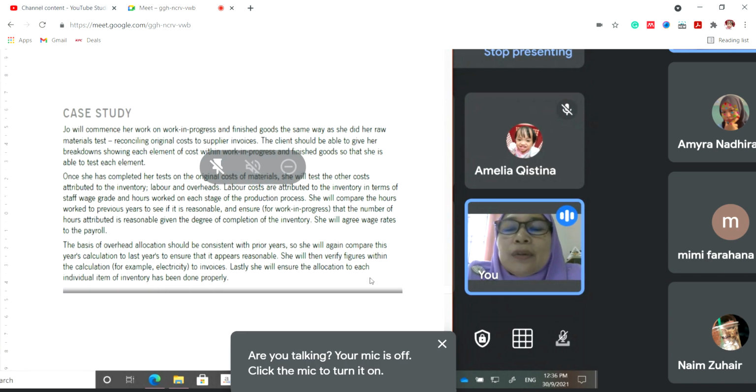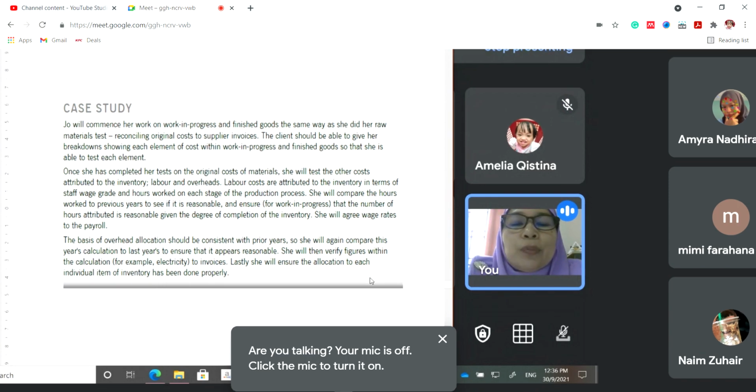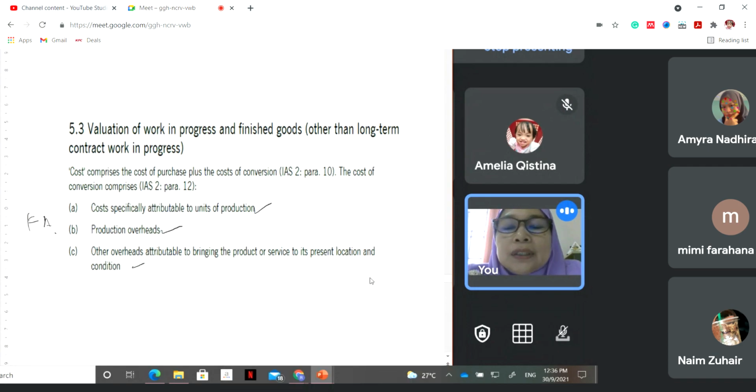So this is what Joe Price do regarding the work in progress and finished goods. So taking into account the cost specifically attributable to unit of production, which one is the direct cost, indirect cost? So cost of production is for direct and indirect cost. And you have the prime cost, remember, which uses the direct cost.